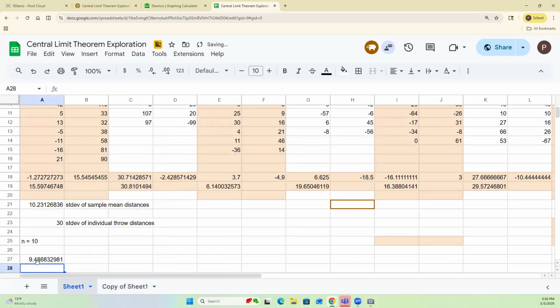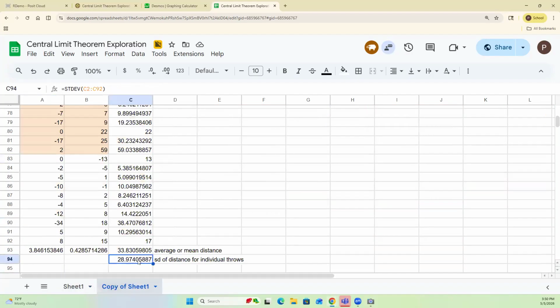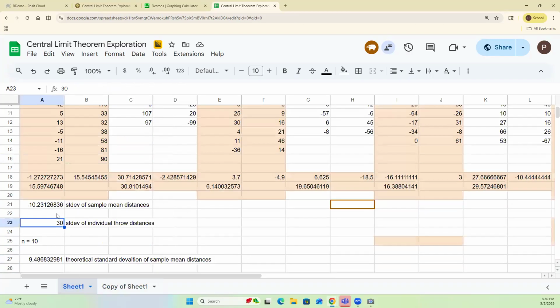Look at that, pretty close, even though we didn't have good sample sizes. This is the theoretical standard deviation of sample mean distances, where we take the 28.9 and divide it by the square root of 10. And we get something not far off from our experimental standard deviation of sample mean distances.